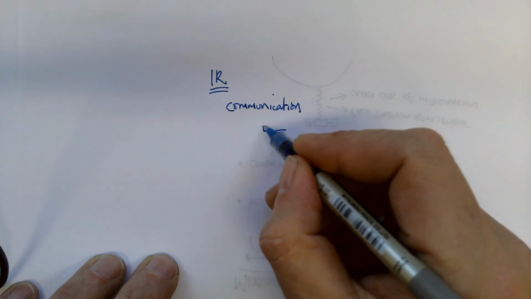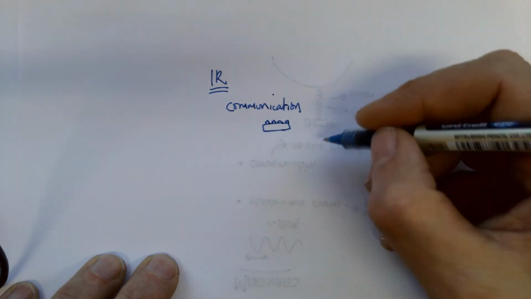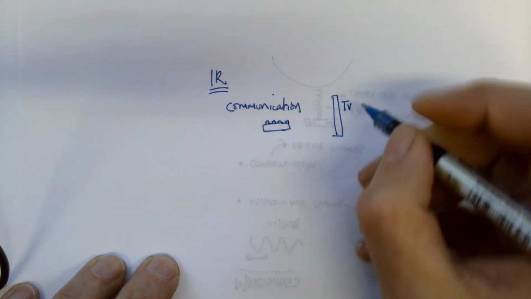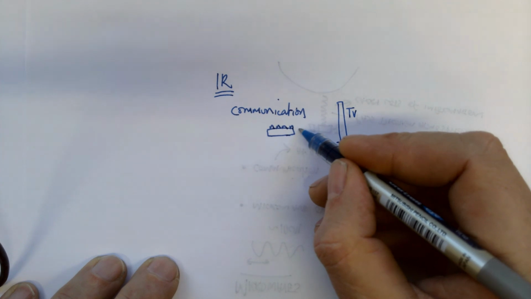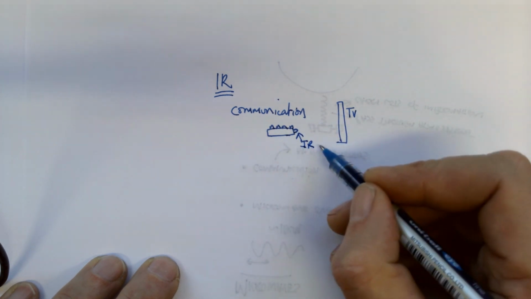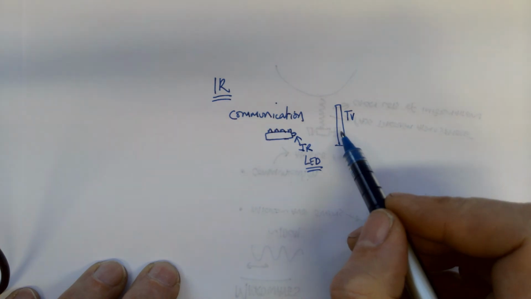Basically, if you've got a remote control, that's a terrible drawing of a remote control, and you want to change the channel on your television, it normally works by using an infrared LED, light emitting diode, and that sends a message to the TV saying to change the channels. So that's one thing it's used for.